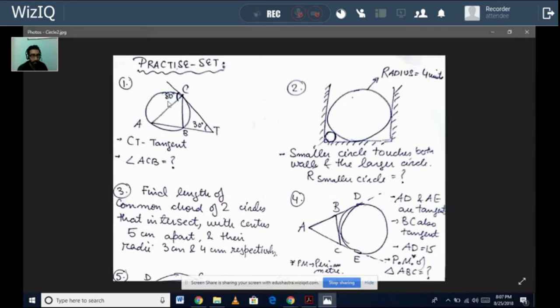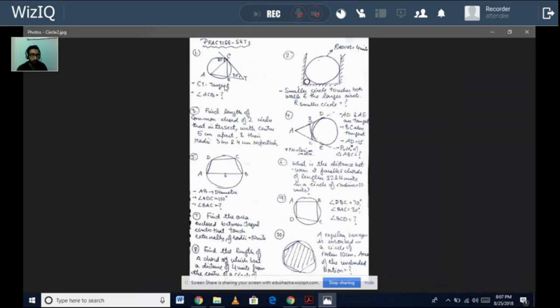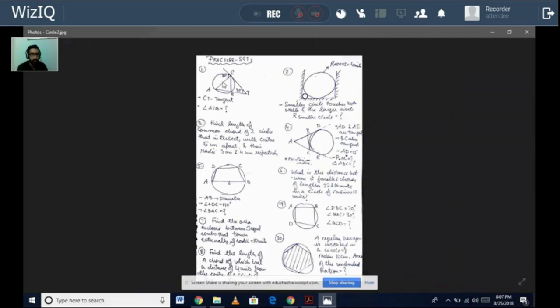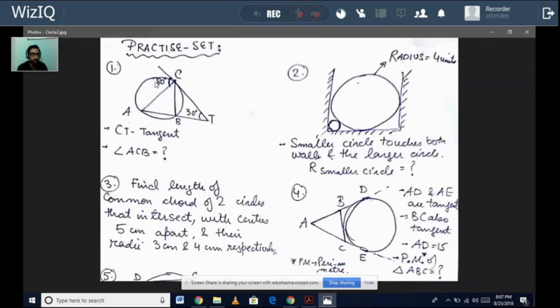Angle C here is 80. Angle T is 30. And AC is a chord, clearly. It's not a tangent. It's not a diameter. It's a chord.